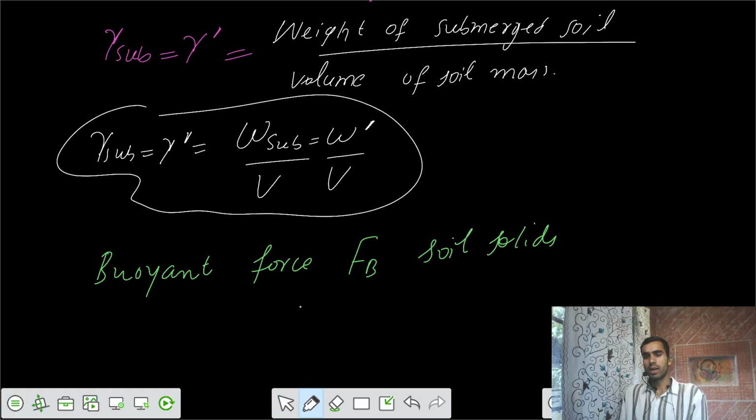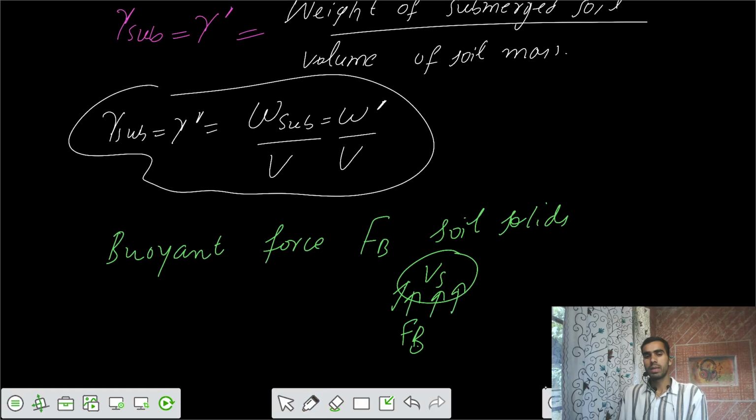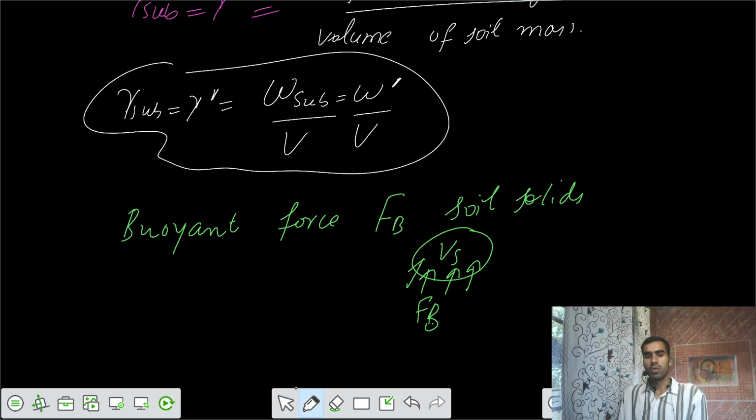Your solids are having some volume of solids. On that volume of solids we have that buoyant force FB, and because of that, the weight of the solids is now lesser. Your apparent weight of the solids would be lesser.